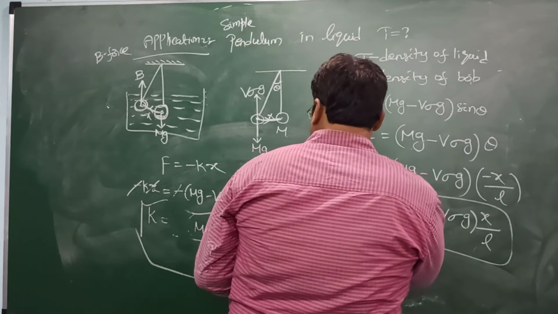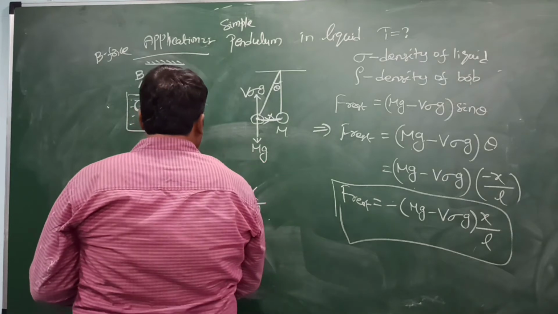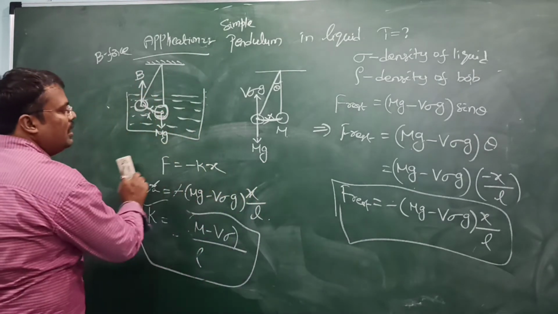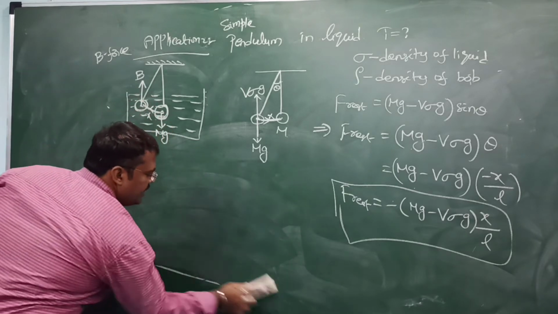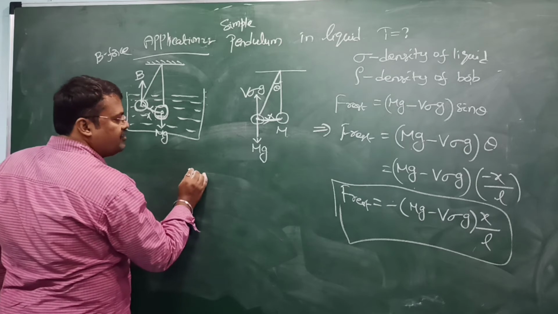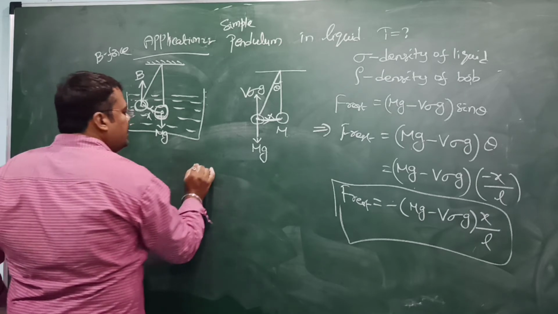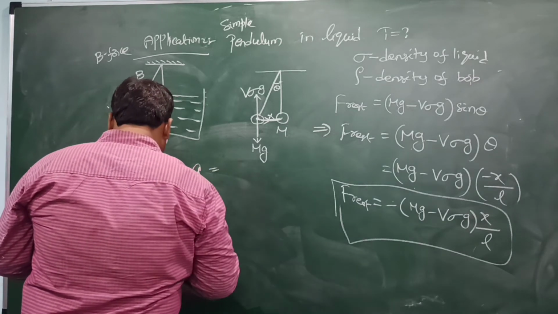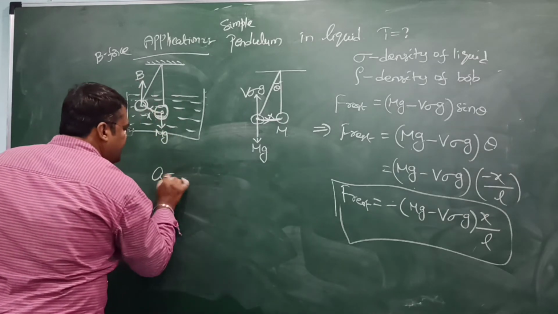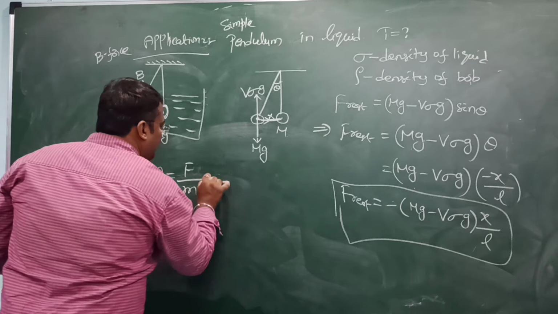F is equal to, and in this case I was found here also. Instead of finding this one, what about the acceleration of the block? Let us take the acceleration of the block. Instead of taking K, let us take acceleration of the block. So acceleration A is equal to F divided by m.